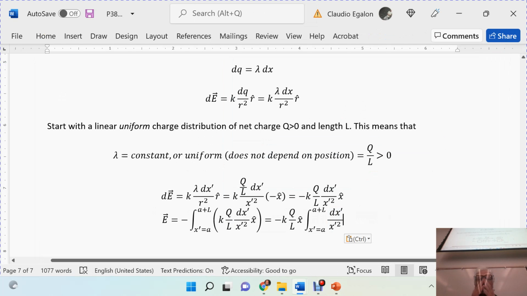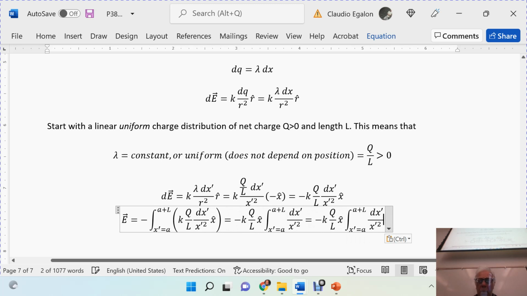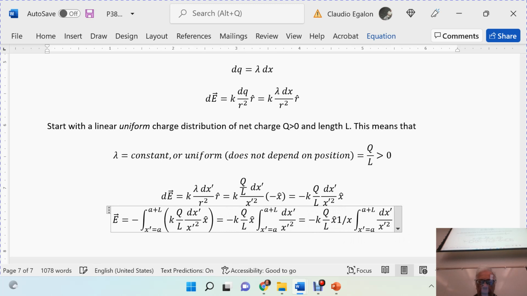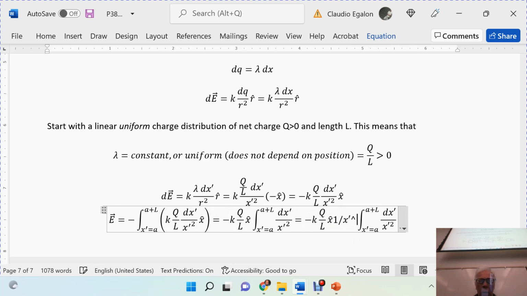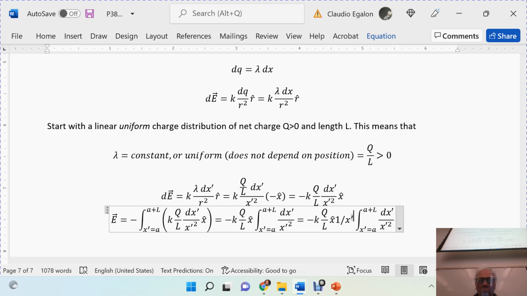And we are now at a point that we can solve our problem, right? So, what is this integral here? That's easy, right? You know that, right? What's that? x prime to the cube, right? No, it's not to the cube. It's to the first power. And then what else?